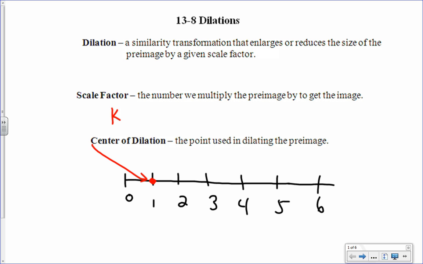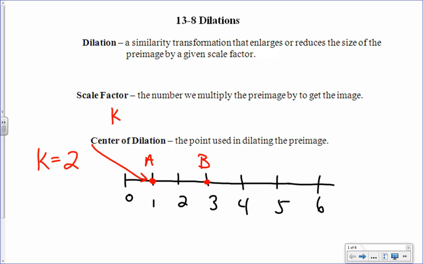And we'll say that the pre-image is over here at 3. We'll call this point A here and then point B. So B is our pre-image. A is our center of dilation. And let's say I told you the scale factor, or k, was, we'll pick a nice easy one, 2.